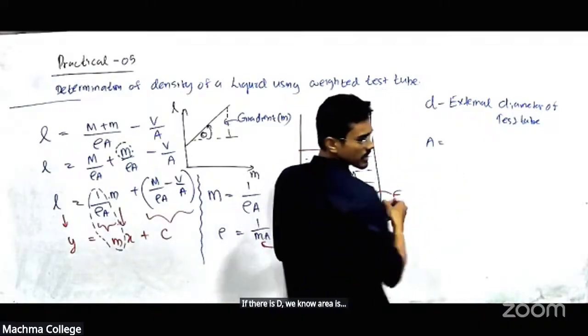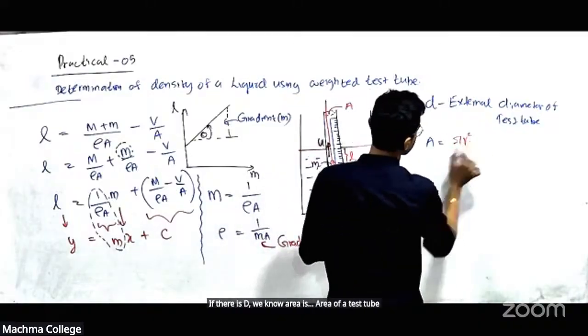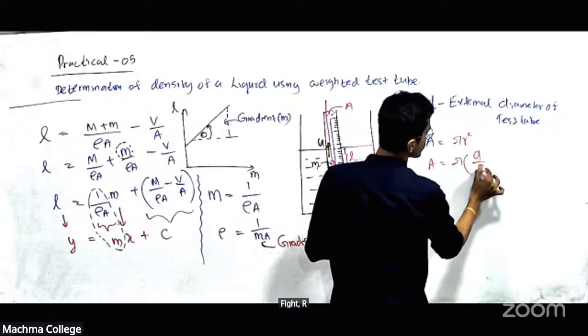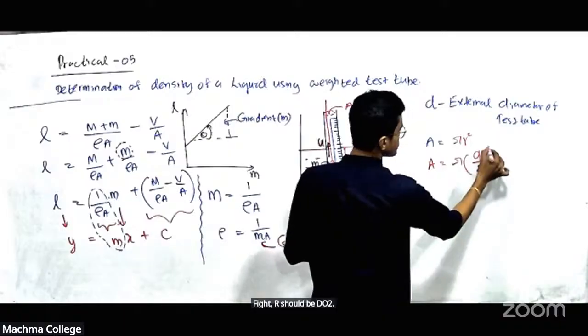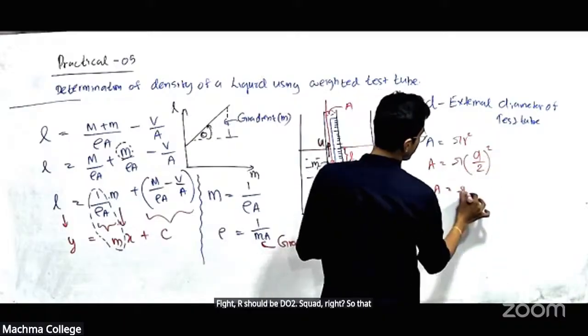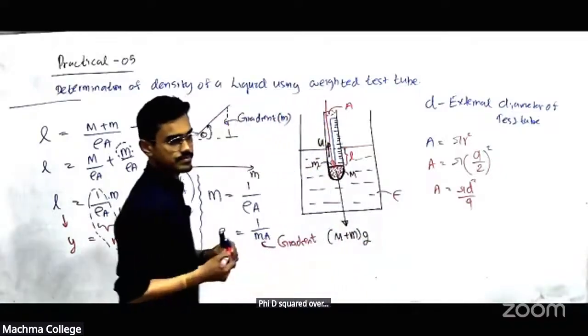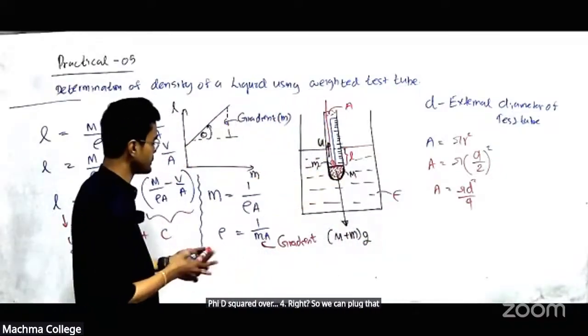Area of a test tube is pi r squared. So this can be written with r as D over 2, squared. So that is pi D squared over 4. Right? So we can plug that value here.